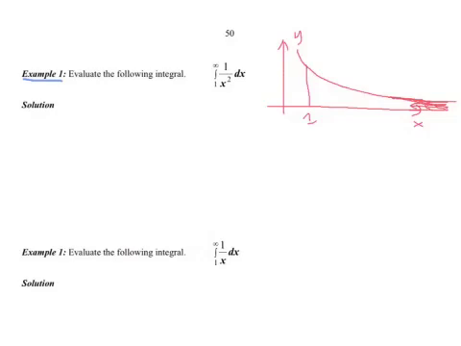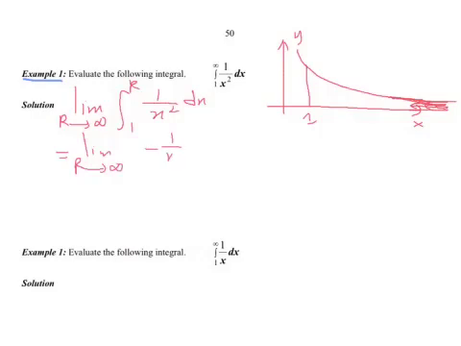We are going to take the limit as r goes to infinity and put r here. And then we are going to see what the integration is and do the infinity at the end. The integration is minus 1 divided by x from 1 to r, which is the limit as r goes to infinity of minus 1 divided by r plus 1 divided by 1.